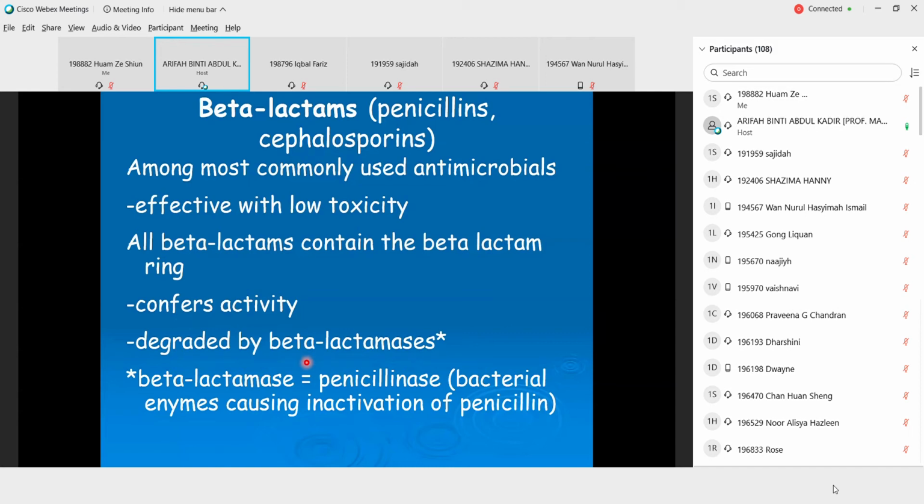In the case of penicillin, it is referred to as penicillinase, and in the case of cephalosporin, cephalosporinase. So what is the beta-lactamase? It's actually a bacterial enzyme causing inactivation of the penicillin at the beta-lactam ring of the molecular structure.